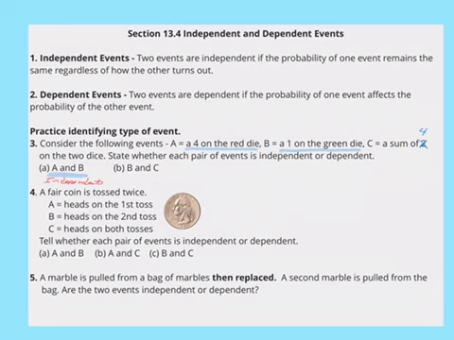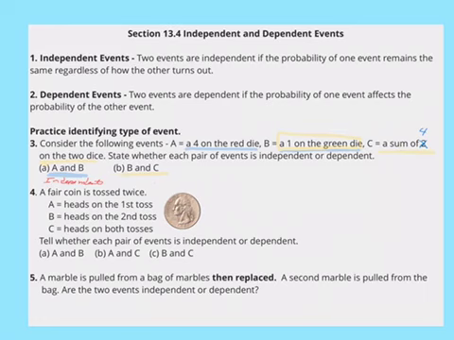Now let's take a look at events B and C. So events B and C, I'm looking at B was rolling a 1 on the green die, and event C is rolling a sum of 4 on 2 die. So if I roll a 1 on my green die, that's going to limit the number of solutions or number of possibilities I have when I roll my second die.